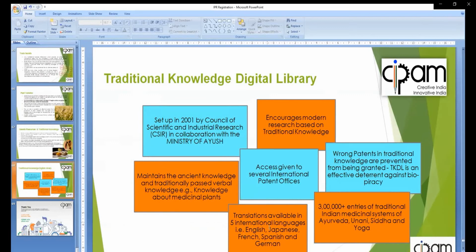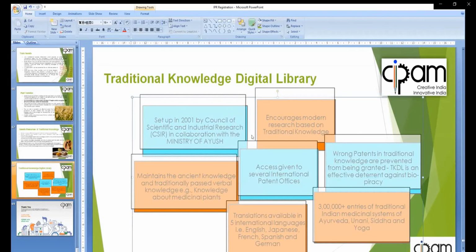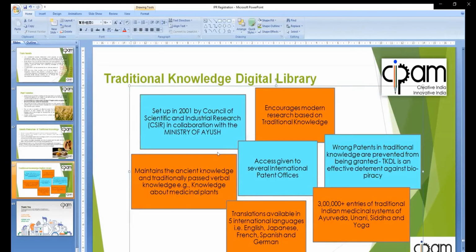It has translation in 5 languages: English, Japanese, French, Spanish, and German, and several international searching authorities also have access to this, because they should not apply for a patent on already noted traditional knowledge of the Indian traditional medicine system. It encourages modern research in traditional knowledge and makes us more aware in this.